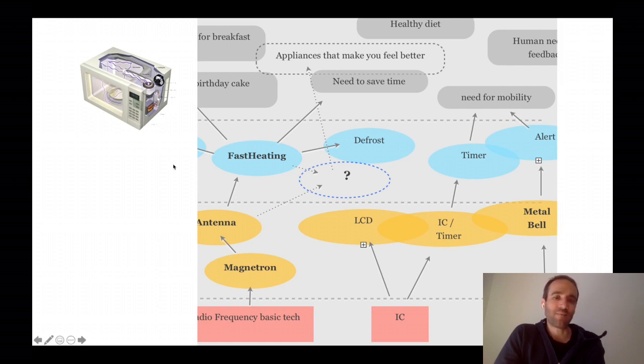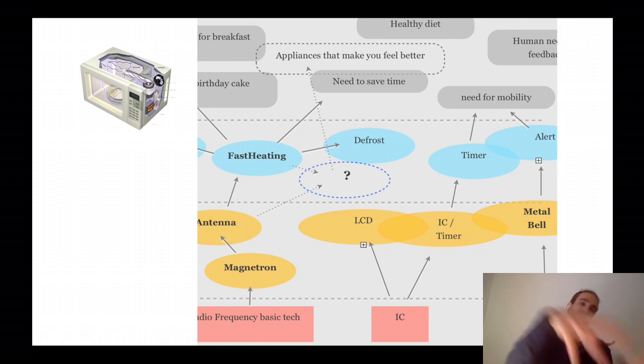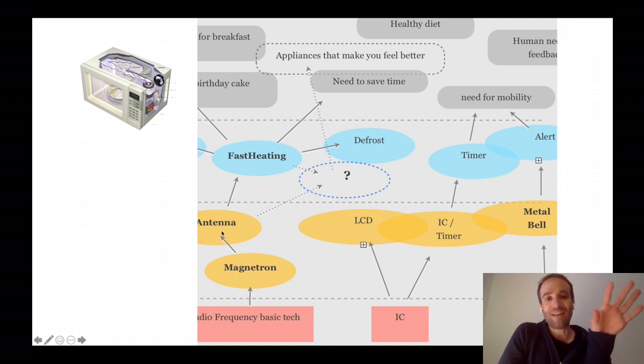There is a component called the magnetron, which creates the microwaves. And this magnetron speeds these microwaves, and these are channeled by an antenna towards the food. So we have a magnetron connected to an antenna. And then on the other hand, we have integrated circuits controlling the time and the LCD. And then we also may have a metallic bell, right?